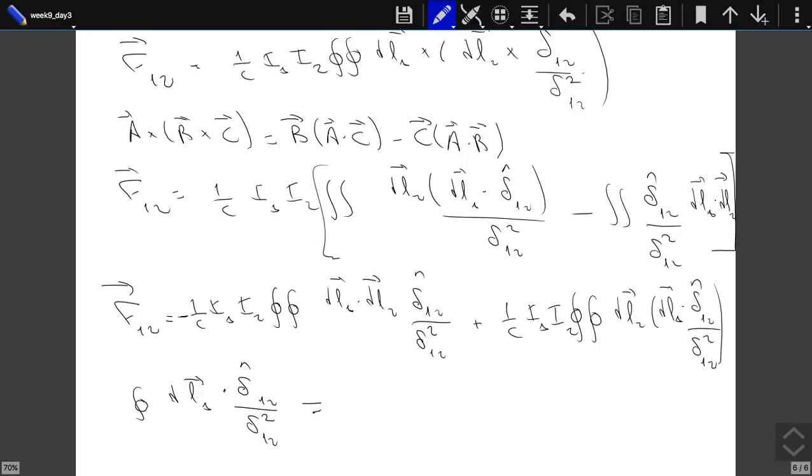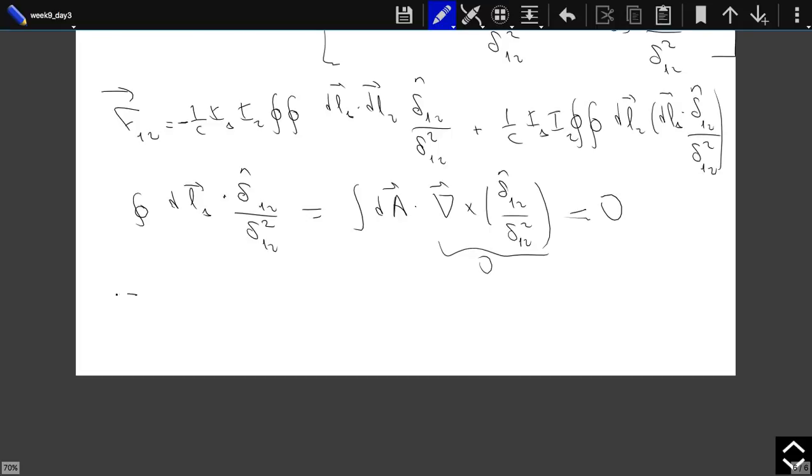Well, there's the minus sign. It's the curl of the electric field. So this will be equal to the integral over an area of the curl of delta 1,2 hat divided by delta 1,2 squared, but that curl is 0. So the second term is 0.